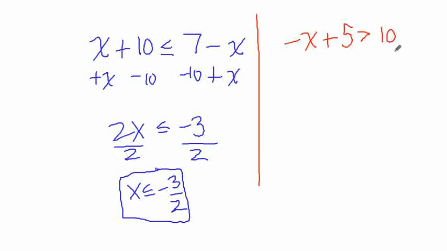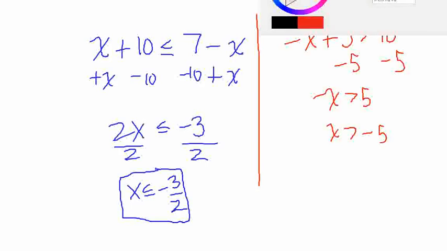I subtract 5 from both sides, so minus x is greater than 5. Now I multiply both sides by minus 1, so x is greater than minus 5. For example, let's say 0. 0 is bigger than minus 5, right? Plug 0 into the very beginning equation. You will see that it doesn't satisfy it.